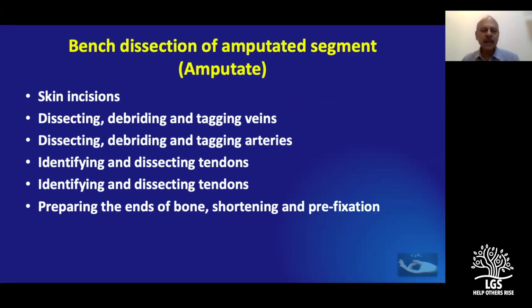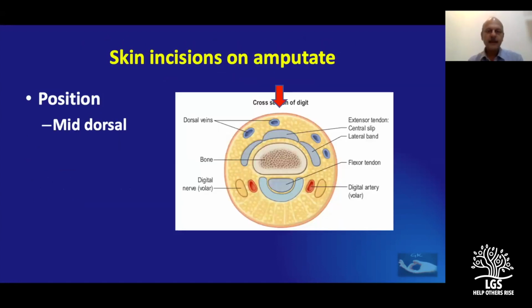Now, when you're talking about the bench dissection of the amputated segment, or the amputate, the first thing is the skin incision. We need to make a correct skin incision because we need to access important structures: the veins, the arteries, the nerves, and of course the tendons and the bone. Now, if you look at the structure of the skin of the digit, we'll talk about the finger.